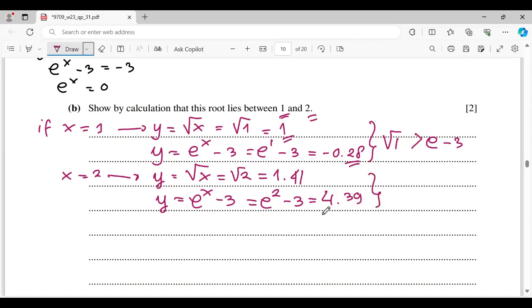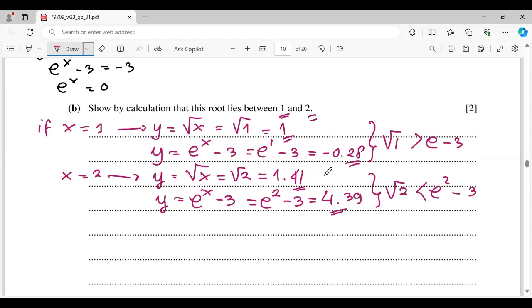So if you compare this number and this number, square root 2 is less than e squared minus 3.